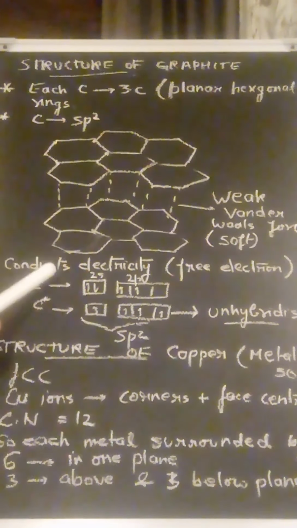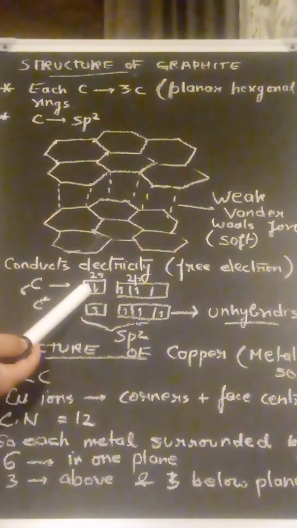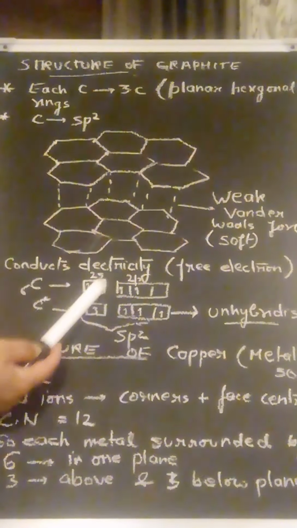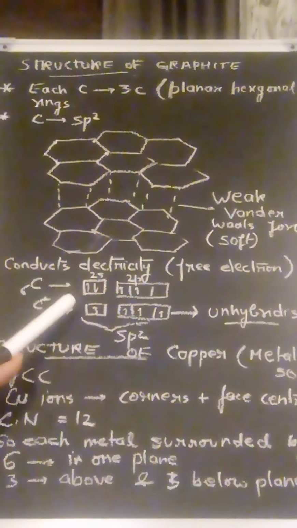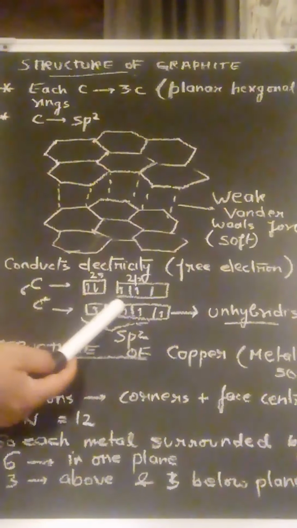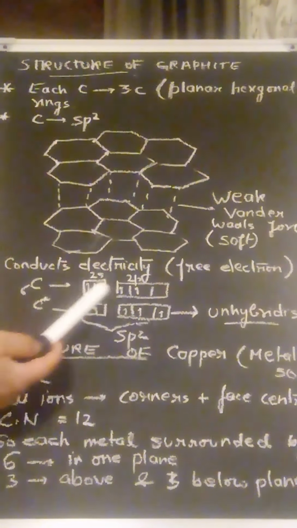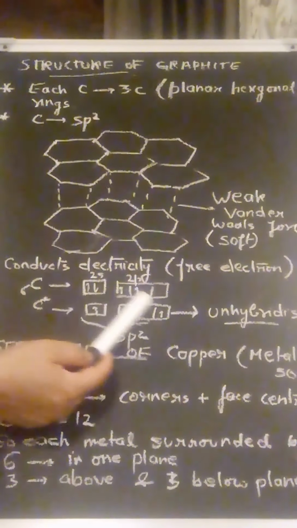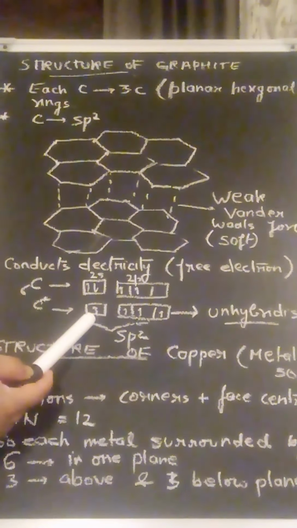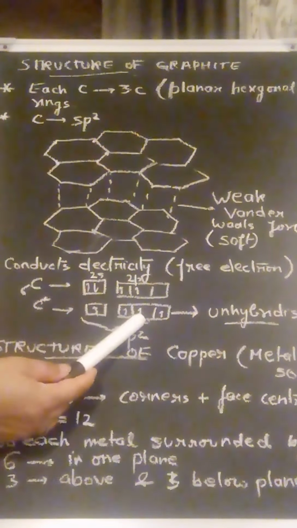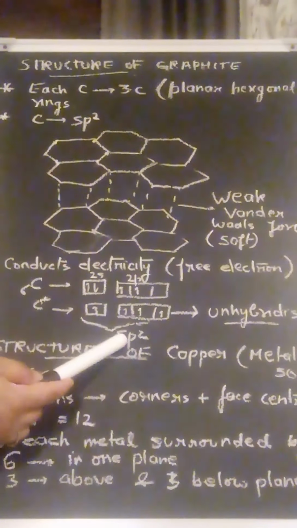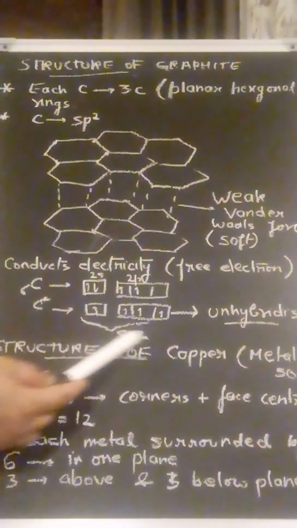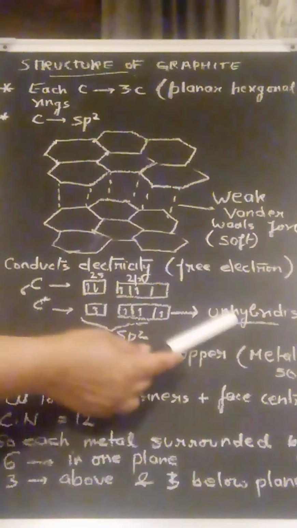You see carbon, the outermost configuration is 2s2, 2p2. In the excited state, one of the electrons jumps from 2s to 2p and all 4 orbitals are half filled now. Out of these 4, 3 (1s and 2p) are involved in sp2 hybridization, while the fourth is left unhybridized.